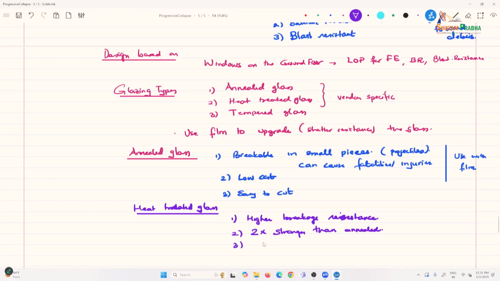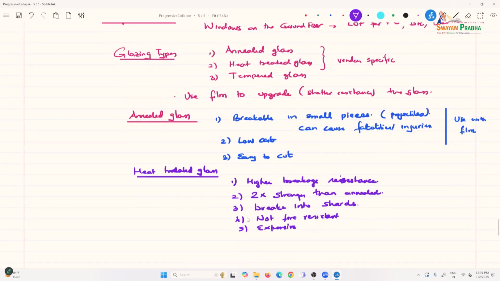Annealed breaks into small pieces, but this heat treated breaks into shards, larger pieces. It's not fire resistant. It is expensive compared to annealed glass and cannot be cut easily. Annealed is easy to cut, this is not. So you have to treat the glass to the size that you desire.